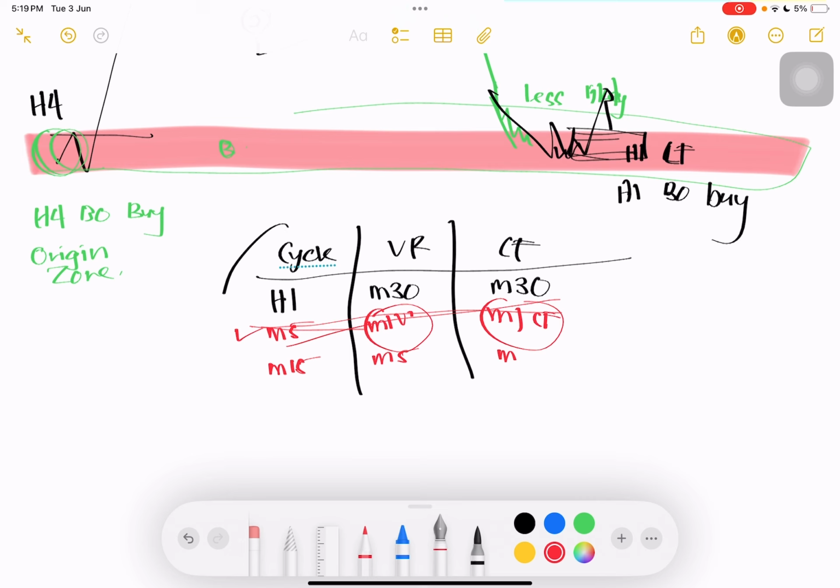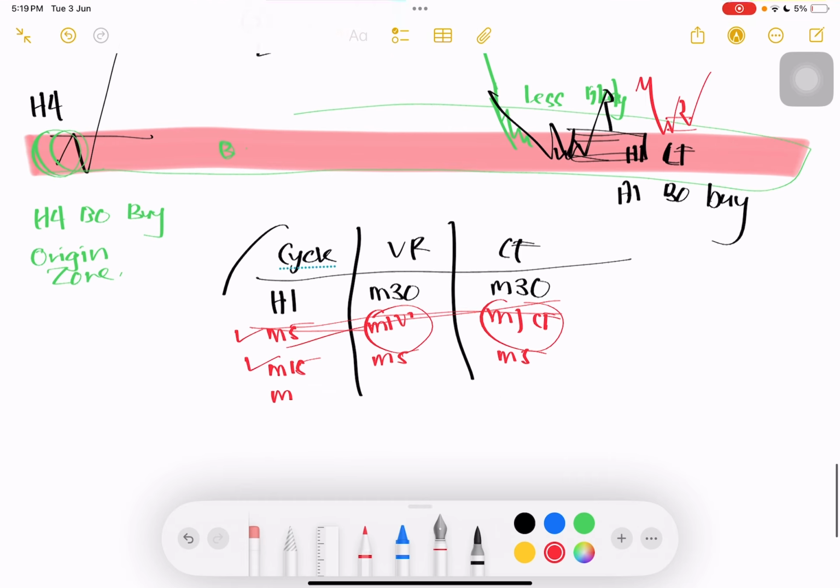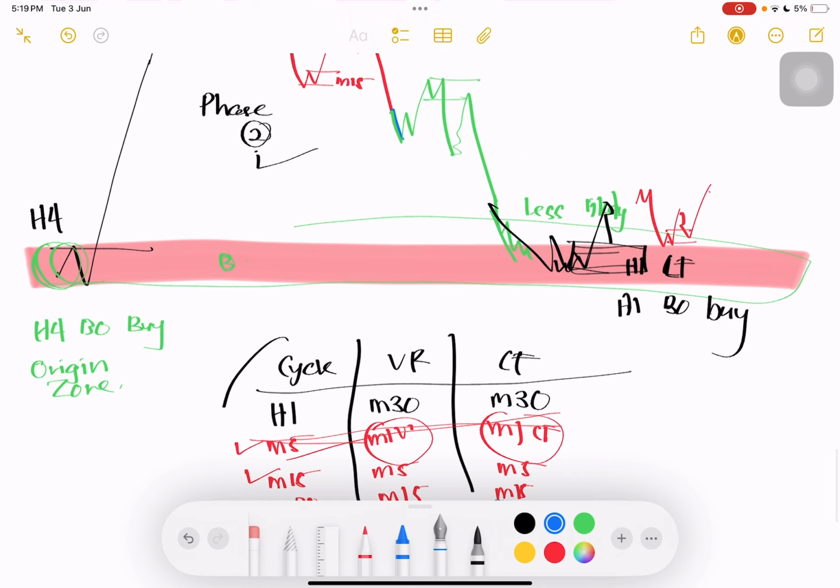M5 VR, M5 CF. Okay, like this. M5 VR, M5 CF. Pullback entry. After it settles, I enter, then I wait for the M30 cycle, which is M15 VR, M15 CF. Then M15 CF pullback entry.